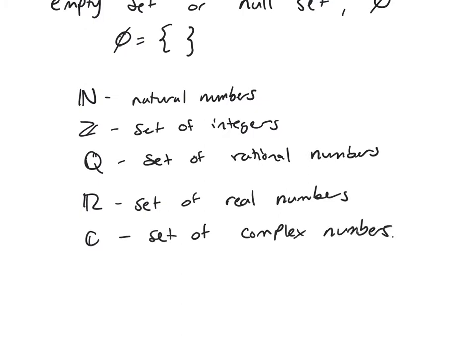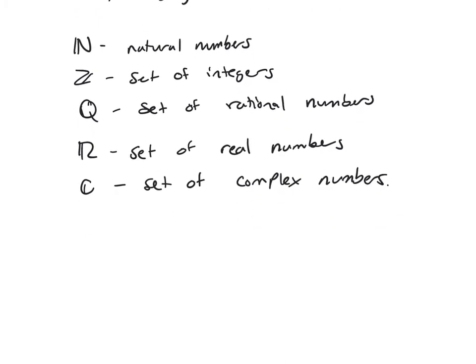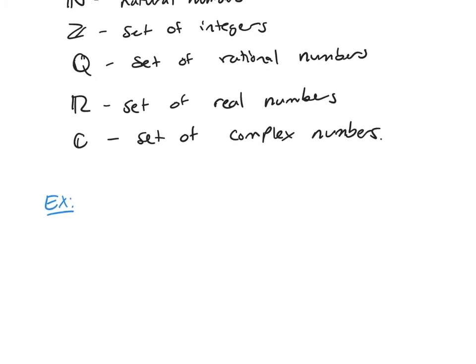And so remember, it's important to pay attention to which set you're working with. So let's look at an example here. Let's say set A is the set of all the x in N where x squared minus 2 equals 0. Here, I'm going to claim that this set A is the empty set.